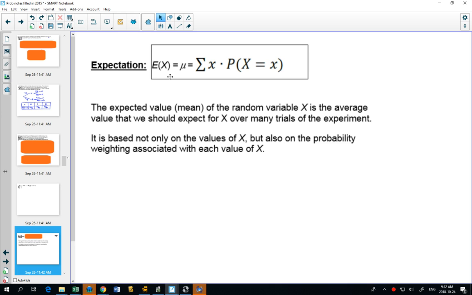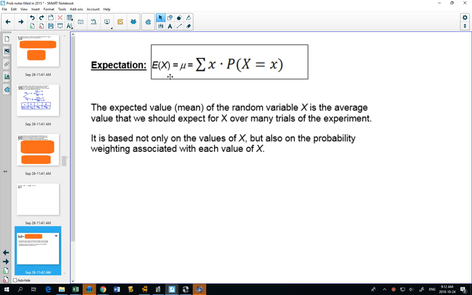So if I flip a coin 3 times, how many heads should I get? 2 or 1 or 1.5? 1.5 times. Okay? Now, you can't have it happen 1.5 times, but that would be the expectation.